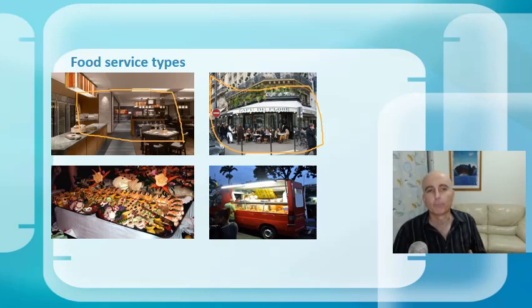We have big functions and different things where people want a buffet service so they can choose whatever they want. And increasingly food trucks and fast food are starting to become more popular, and the way we serve the food and present it on a menu changes for those reasons.